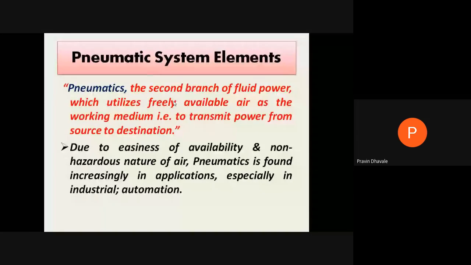Okay, then write down the definition of pneumatics. Pneumatics is the second branch of fluid power which utilizes freely available air as the working medium to transmit power from source to destination.